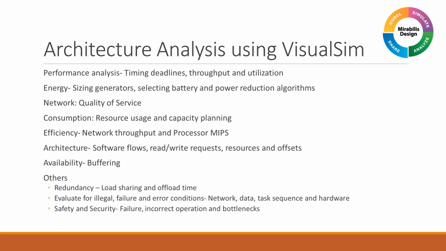And finally buffering, because that's one of the things that a lot of times is skipped as part of system modeling: looking at buffering at every part of the system, be it at your network transmitter or receiver, your processor, your software, or even your communication systems. I'm sorry, even your storage systems as well. So you can actually look at the effects of redundancy, failure, safety, and security.